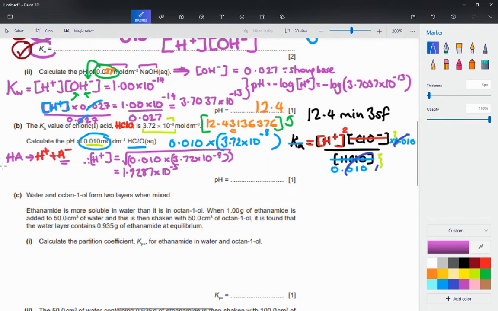Okay. And then what you have to do is you have to process your pH calculation. 1.9287 times 10 to the minus 5.